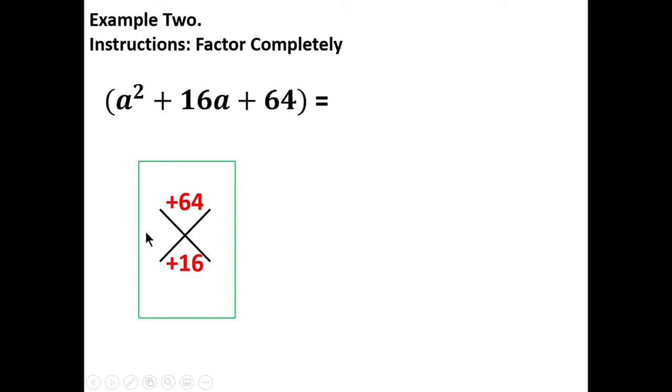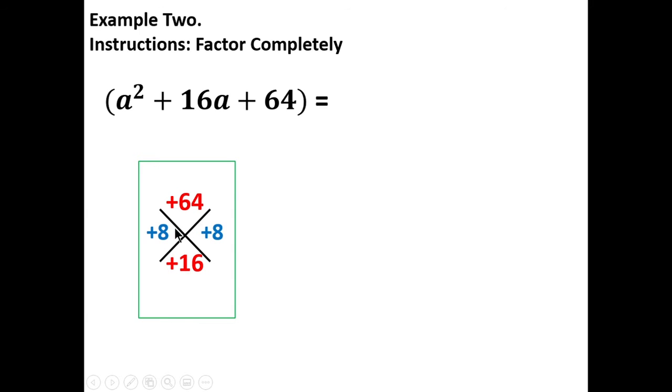So what can you multiply together that gets to 64, and when you add it together, you get to 16? You could pause the video and think about it for a second, or we can just move on ahead. 8 times 8 is 64, and 8 plus 8 is 16.